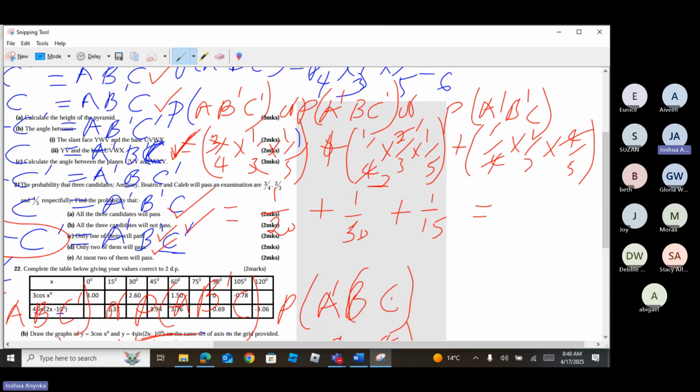Probability that 1 will pass. What did you get? Probability that 1 will pass. What is the answer? 1 over 20 plus 1 over 30 plus 1 over 15.